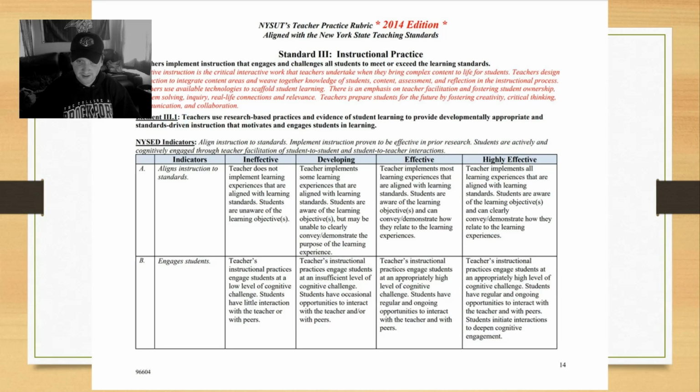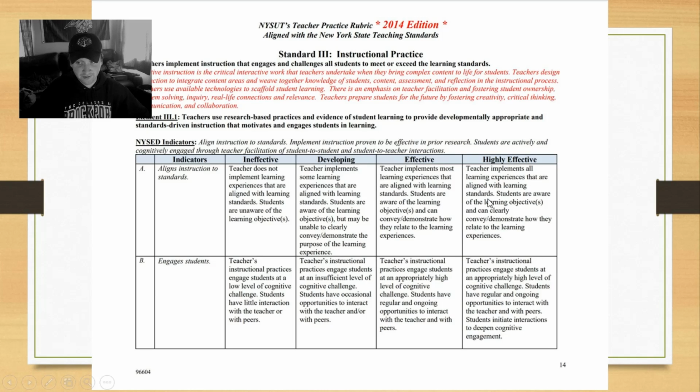So, the teacher does not implement learning experiences that are aligned with the learning standards. Students are unaware of the learning objectives. Just right off the bat, that's not where you want to be as a teacher. If the students have no idea what they want to learn and the teacher is just going off doing their own thing, they don't want to be there. And highly effective: the teacher implements all learning experiences that are aligned with learning standards.